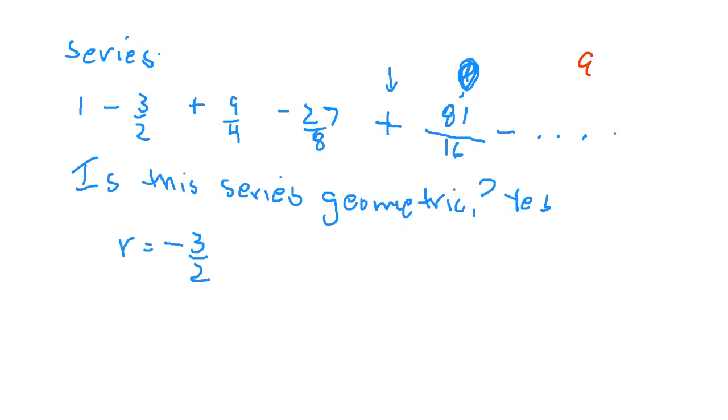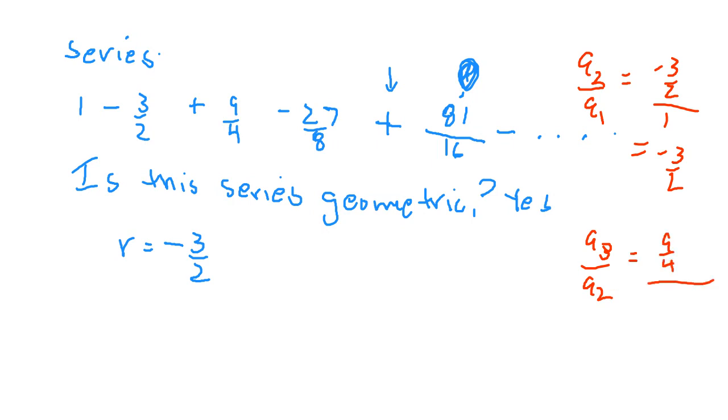If you take A2 divided by A1, that's -3/2 divided by 1, that's -3/2. So that's the second term divided by the first term. If you take the third term and divide it by the second term, that's going to be 9/4 divided by -3/2, which is 9/4 times -2/3.